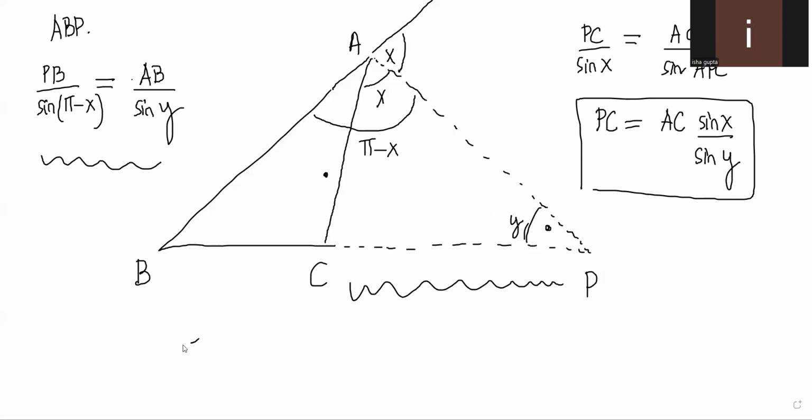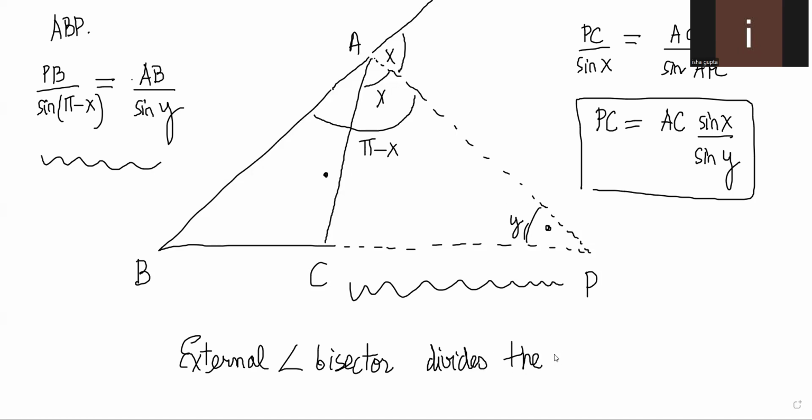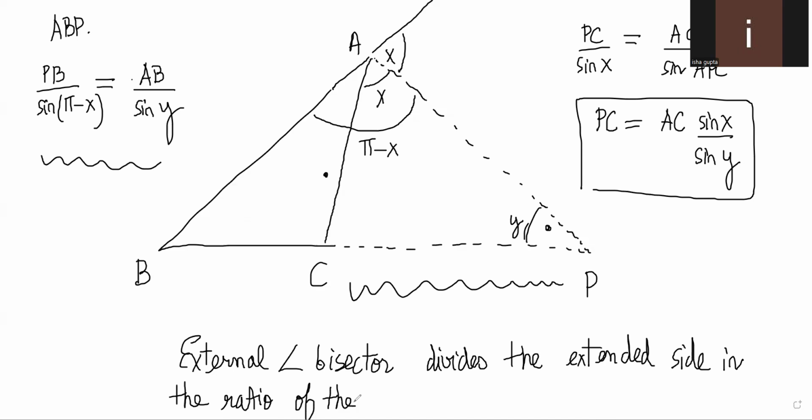Now remember that even the external angle bisector divides the extended side in the ratio of the sides. You already know the internal angle bisector theorem, so it's just the same version of it, for an extended side. Is it making sense intuitively?